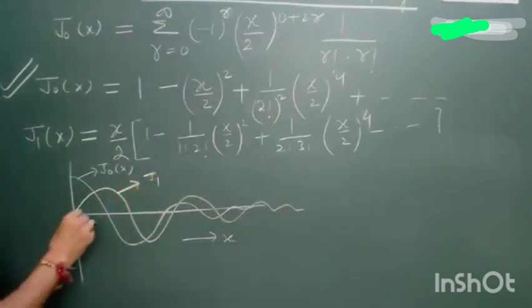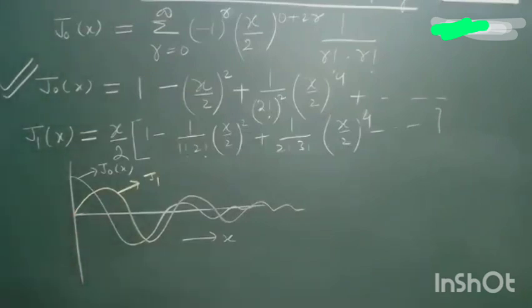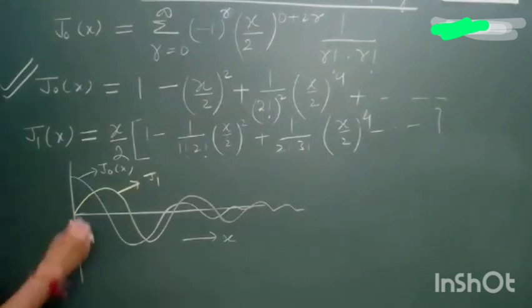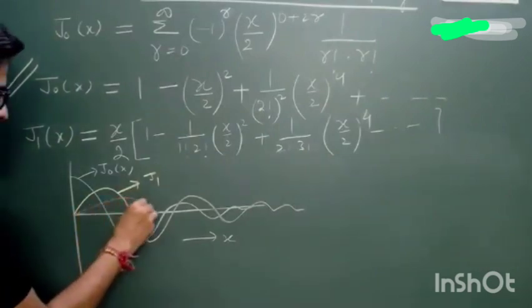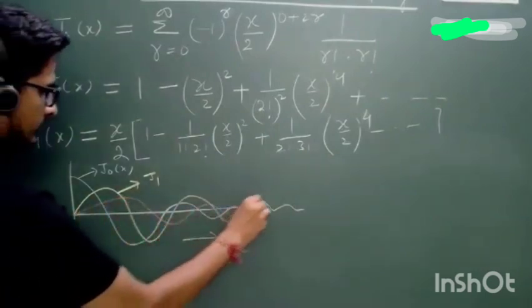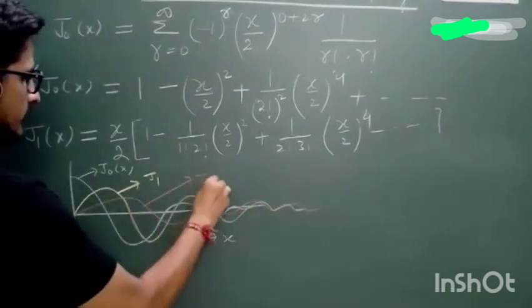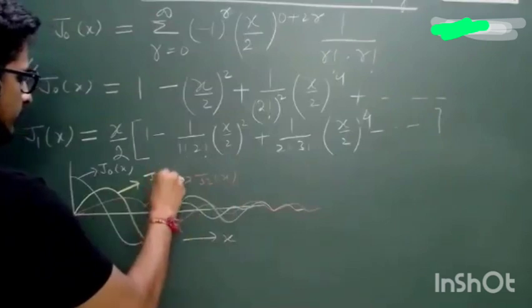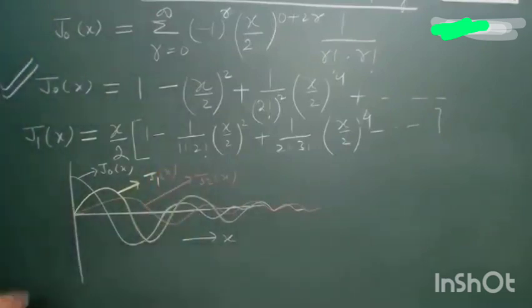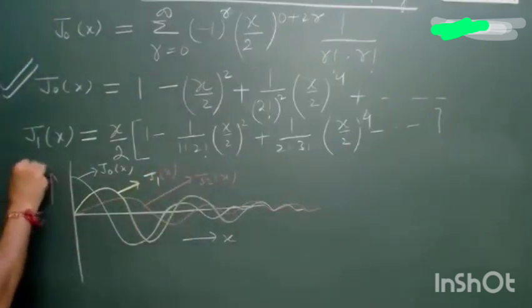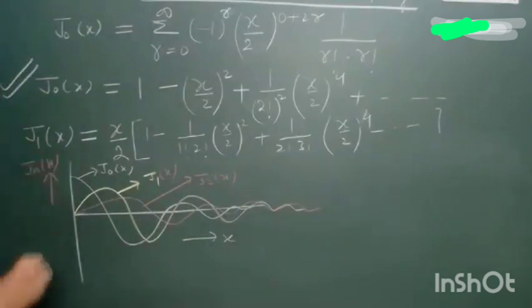The value of J2 is like this. This is the value of J2. So this is the axis J and X, and these are the values. Can you see that distinctly?